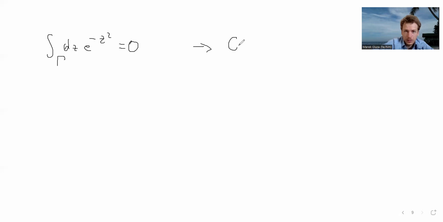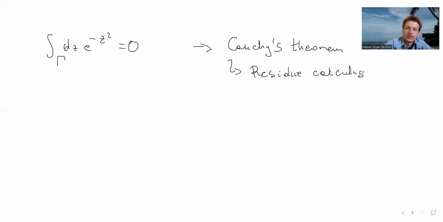So you can check Cauchy's theorem, or more generally, residue calculus. Okay. So if this is 0, then this is equal to our integral that we wanted in the first place, e to minus z squared, plus 0 going down, minus square root pi, and then plus going up, and that's it. 0.